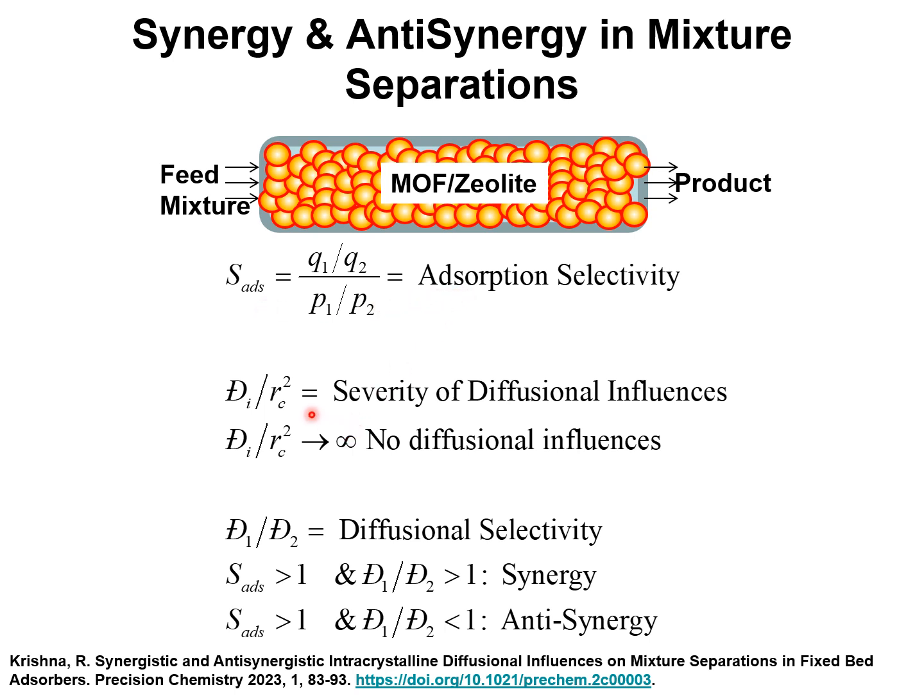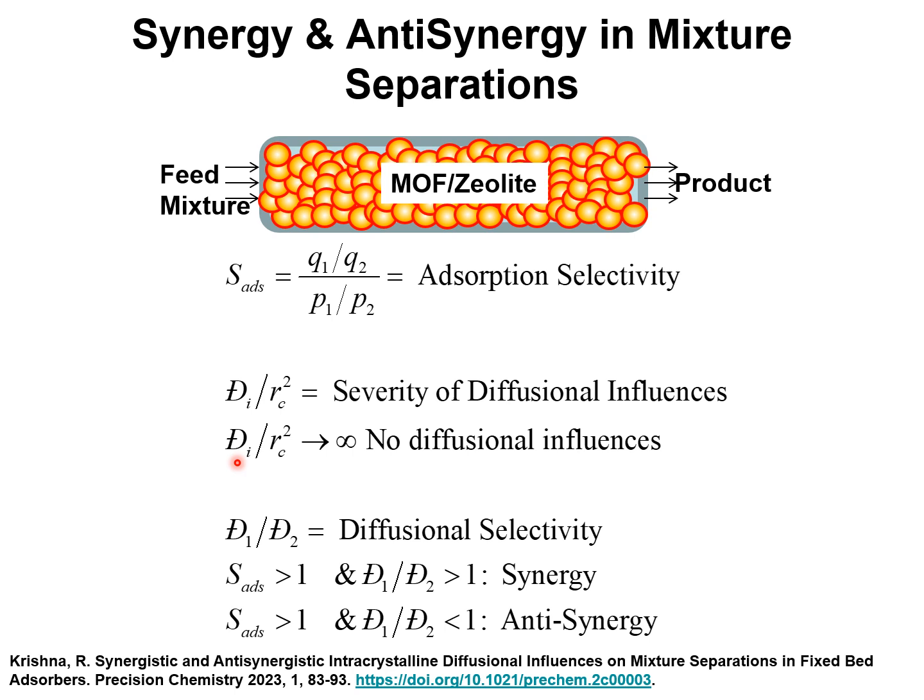The second one is the severity of diffusional limitations, where D sub i is the intra-crystalline diffusivity of the guest component i, and r sub c is the radius of the crystallites of MOFs or zeolites.